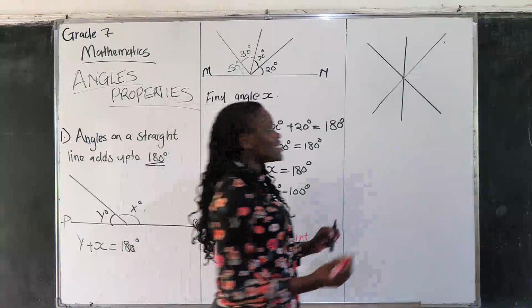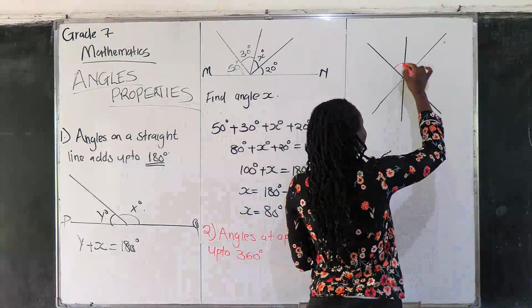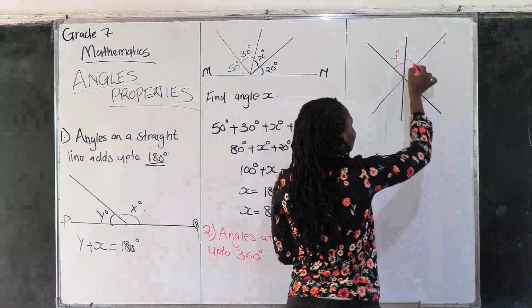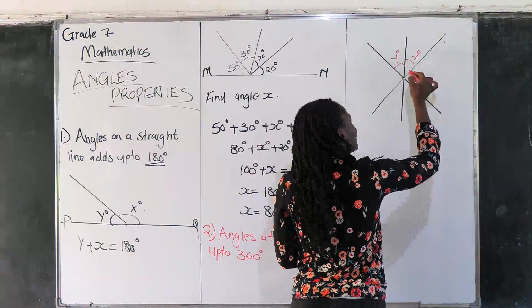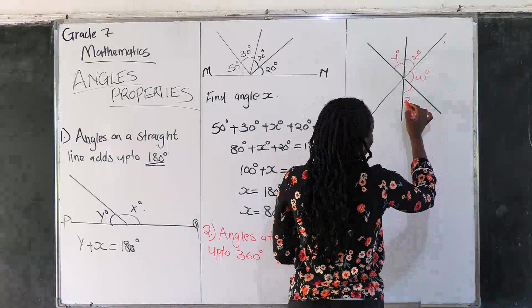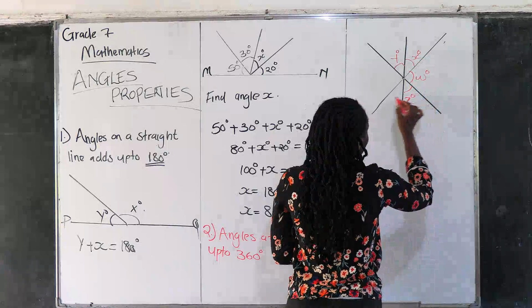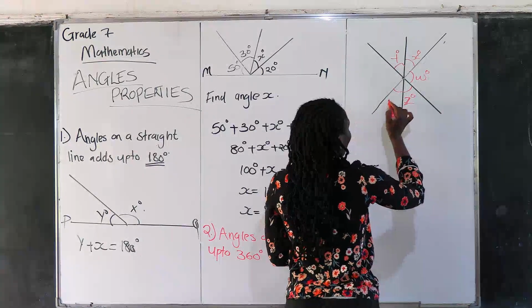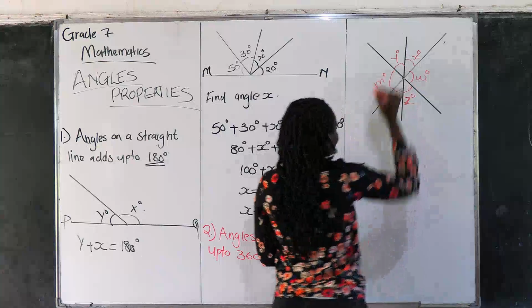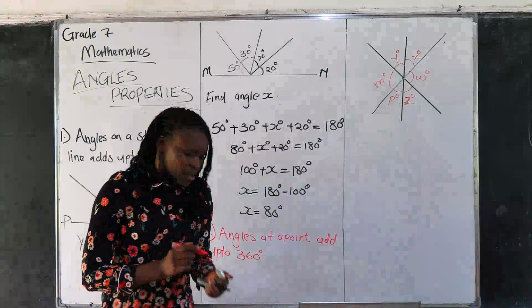So for example, let's say this angle is Y degrees. This one is X degrees. This one is W degrees. This one is Z degrees. This one is P degrees. And this one is M degrees. Those ones are angles.